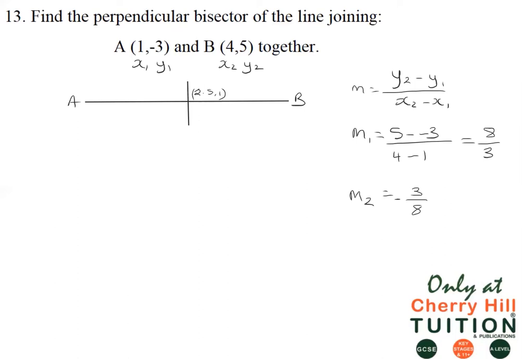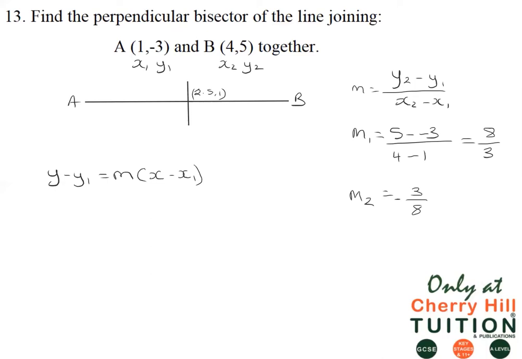Now that we have the midpoint and we also have the gradient of the perpendicular bisector, we can use the formula for an equation of the line, which is y minus y1 is equal to m(x minus x1). We can use this to work out the equation of the perpendicular bisector.